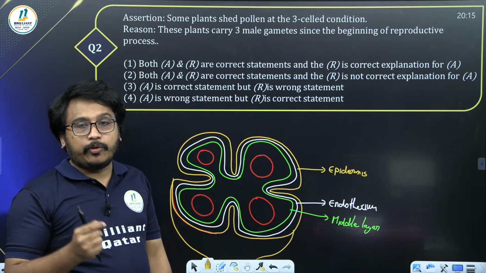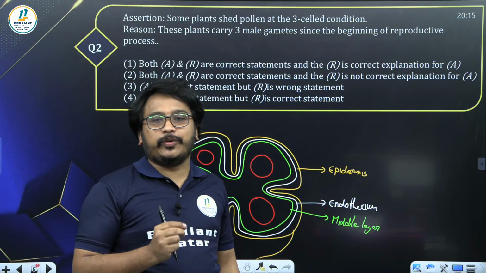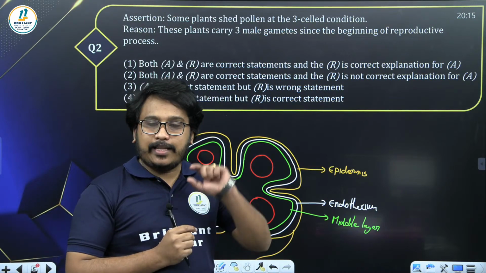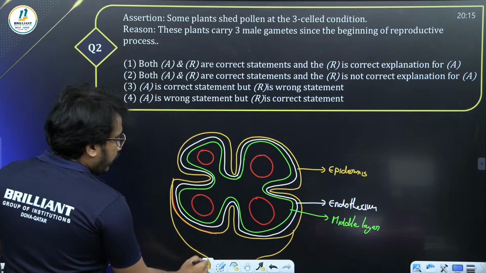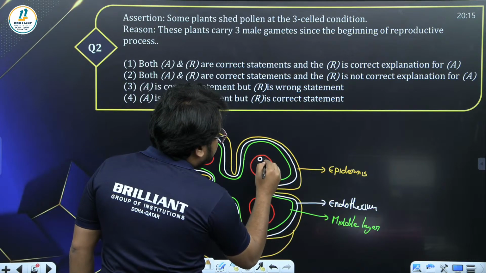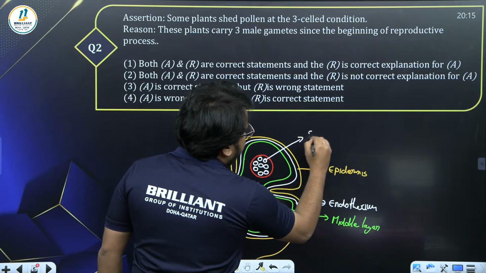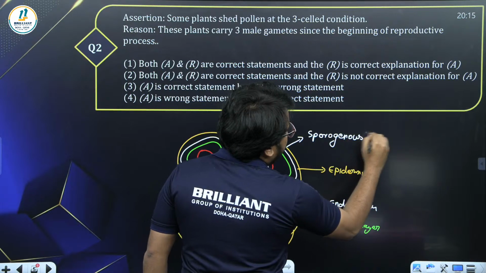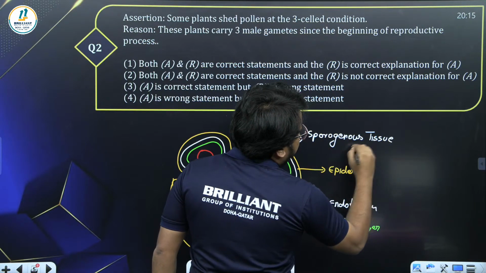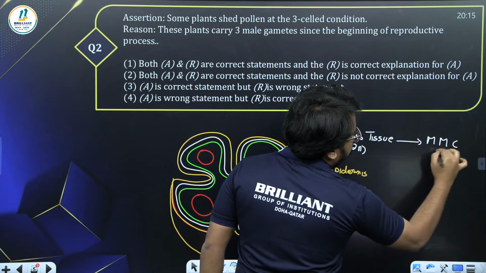Inner to the tapetum, the sporogenous tissue is located. That sporogenous tissue can divide and give rise to microspore mother cell. This sporogenous tissue, which is diploid, will be turning into microspore mother cell.